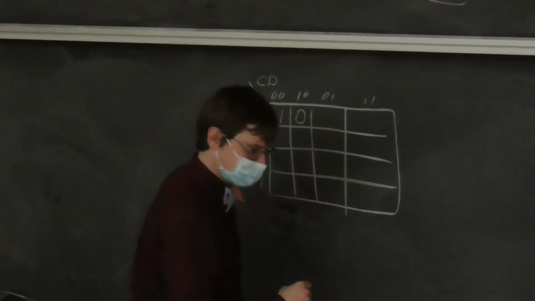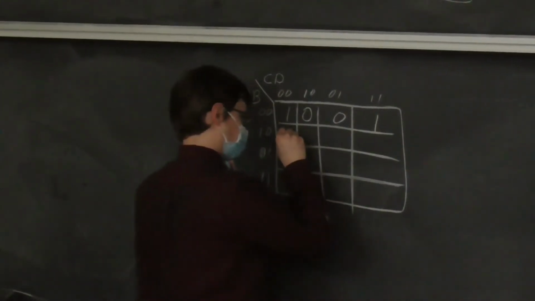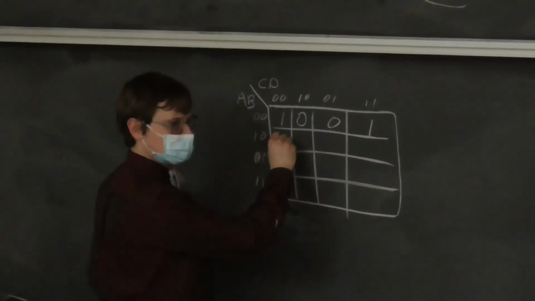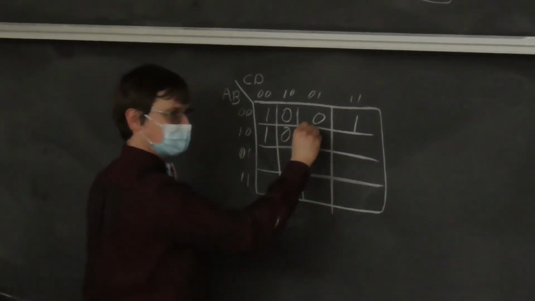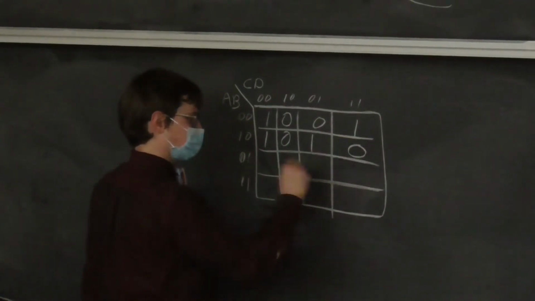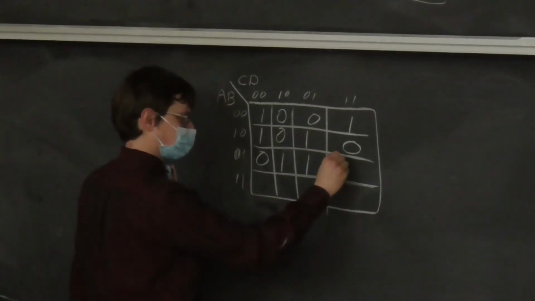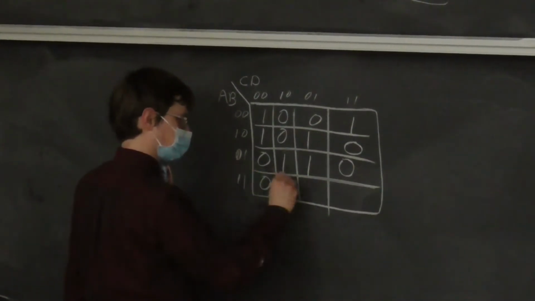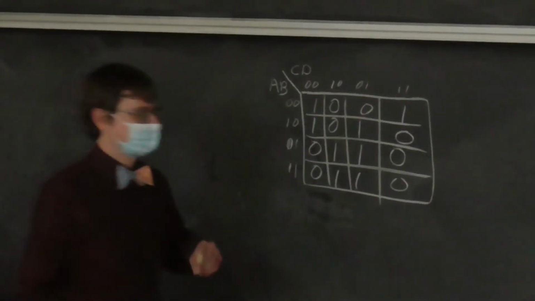Next. 0. Thank you. 1. 0. 1. There is 1. Oh, all right. 1, 0, 0, 1, 1, 0, 0, 0. Oh, God. Sorry, I need those to be there.